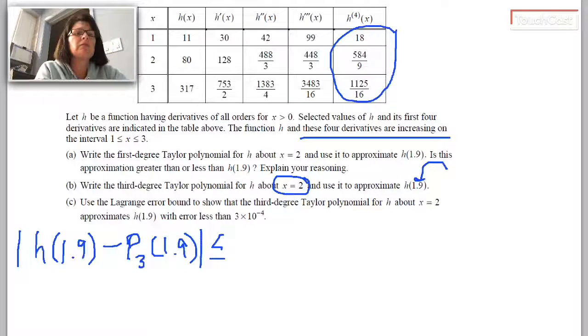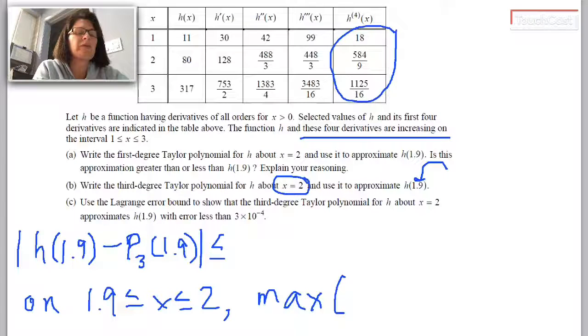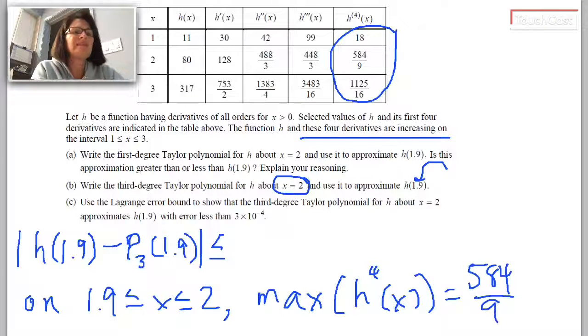So on the interval 1.9 is less than or equal to x, which is less than or equal to 2, the max, that's not official notation, but we could use that, the max of the fourth derivative of h is 584 ninths, because the right-hand edge of that interval is 2.